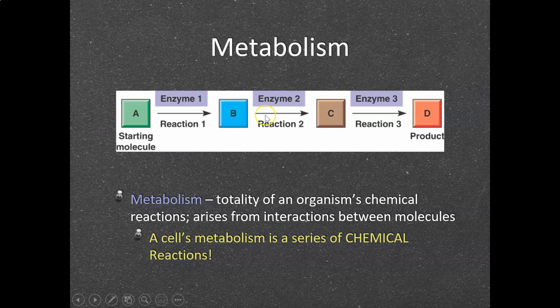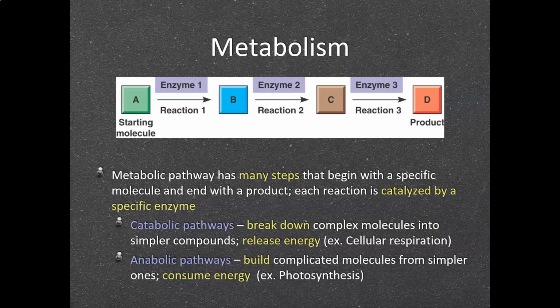Instead, we end up seeing that most things are metabolic pathways, meaning I'm taking in one starting material, whether it's something as an autotroph I'm producing or as a heterotroph I'm consuming, and I'm going to go through a series of reactions to ultimately make the final product that my body can actually utilize. So these metabolic pathways tend to have many steps. Some are longer than others, some are more complicated than others, but there's good reasons for why these pathways exist.